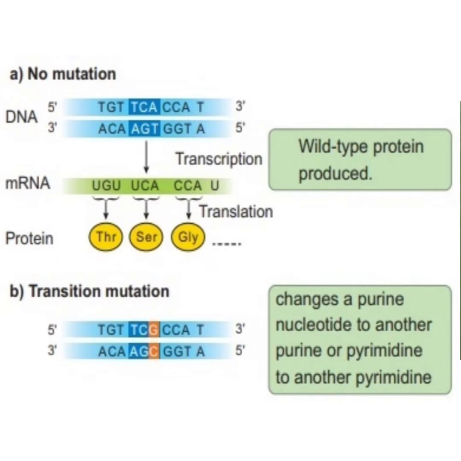The translation of the messenger RNA results in the formation of a protein. UGU codes for threonine, UCA codes for serine, CCA codes for glycine. So a wild type protein is produced.